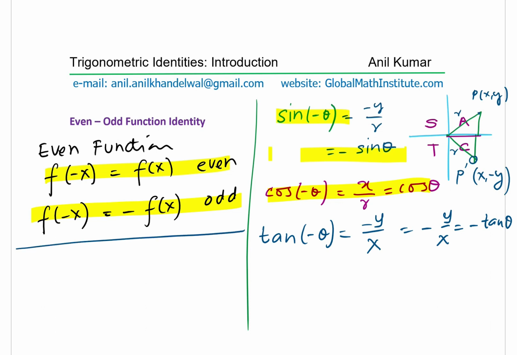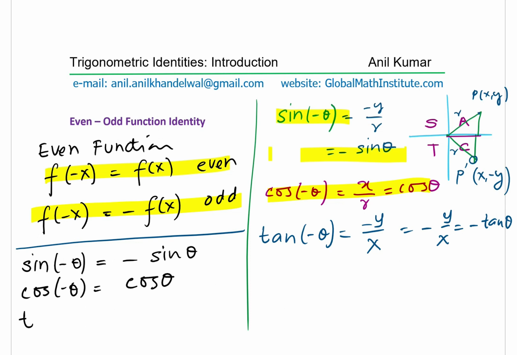Let me summarize these three: sine of minus theta is equal to minus sine theta, cos of minus theta is cos theta, and tan of minus theta is minus tan theta. Is that clear to you? So these are additional three identities, which are referred to as even-odd function identities.